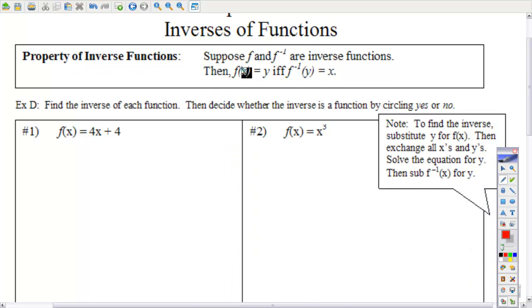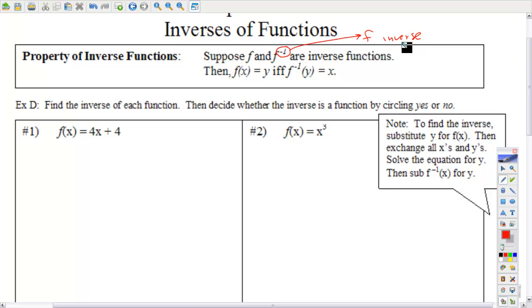Property of inverse functions. Suppose f and f to the negative 1, this right here, it is written as an exponent. But that's not what it is. I mean, it's a superscript, it's written high, it's small, but it doesn't mean an exponent of negative 1. It's typically read f inverse.